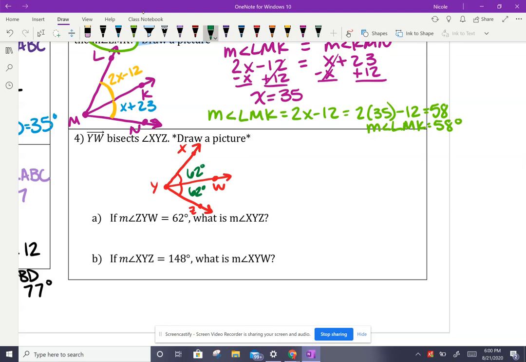If these are both 62 degrees, what can we do to find out the whole angle? We add them together. So 62 plus 62 gives us 124. Something to think about: the measure of angle ZYW is equal to 1/2 of the measure of angle XYZ, so I just have to double it. So the measure of angle XYZ is 124.